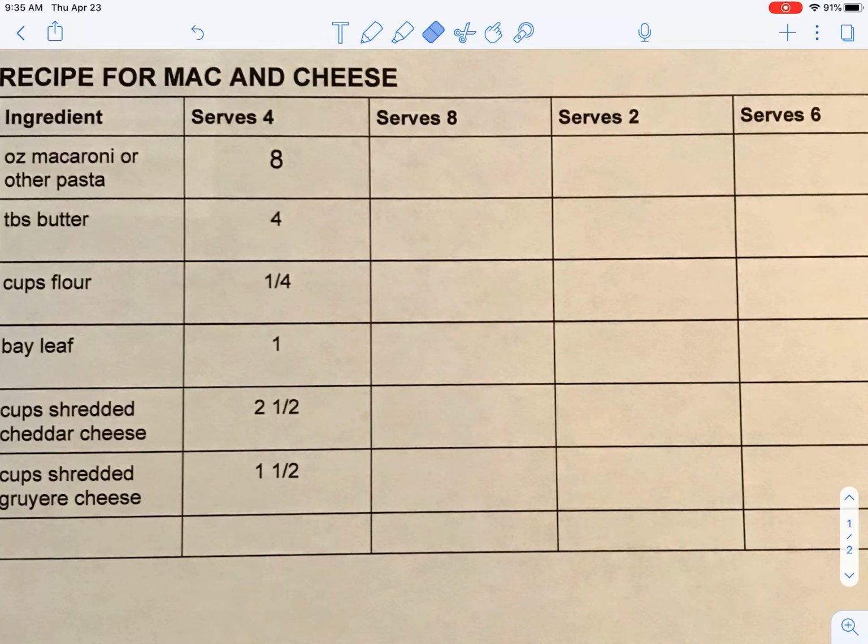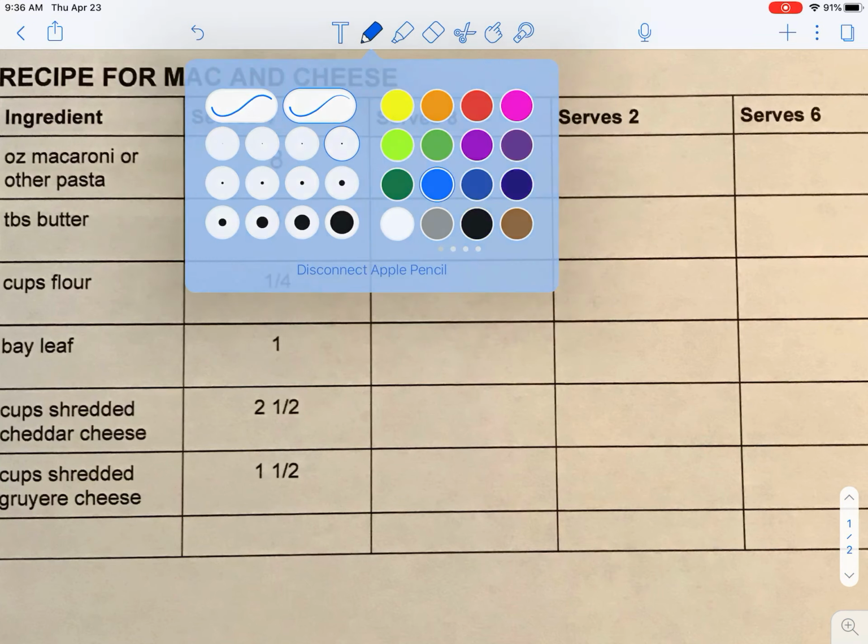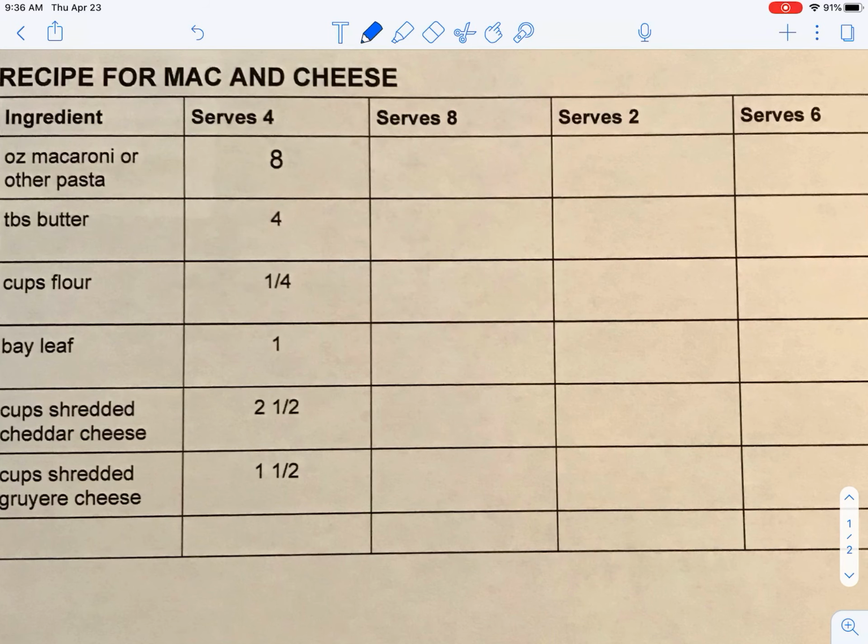And so I have to think, what is it that I want to do to the amount that would serve 4 in order to serve 8? And that would be multiply by 2, right? Because 4 times 2 would be 8.